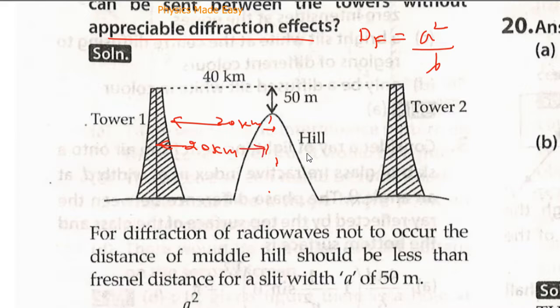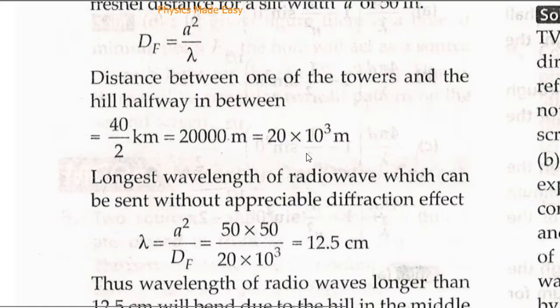It means diffraction should not take place for these 20 kilometers. The Fresnel distance df should be equal to 20 and the size of the aperture should be equal to 50 meters. Note down, this is in kilometers and this is in meters. Fill the value and get the answer. Now df is given to be a square by lambda, where a is 50 meters.